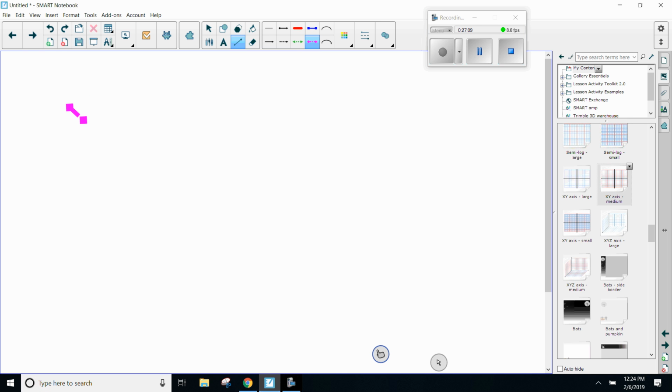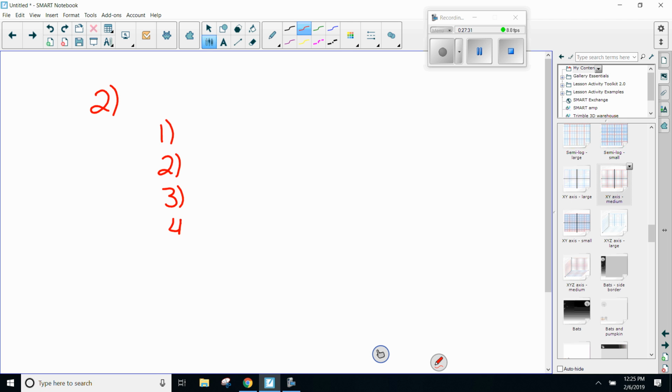Number 2. Which relations are functions for number 2? Is number 1? Yes. 1, 2, 3, and 4. This is yes, it is a function. Is 2?